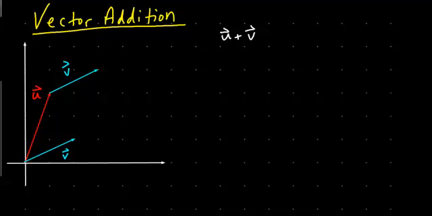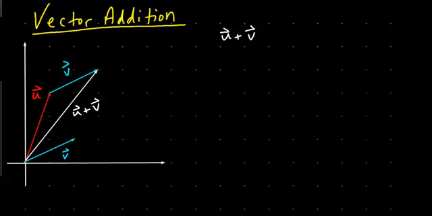So if I do the vector u and I add the vector v at the end of it, I get, let's see, new color, I'll just do white, this vector here, and that vector is u plus v. So this is vector u plus vector v.